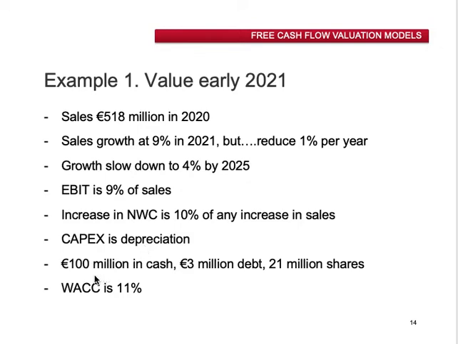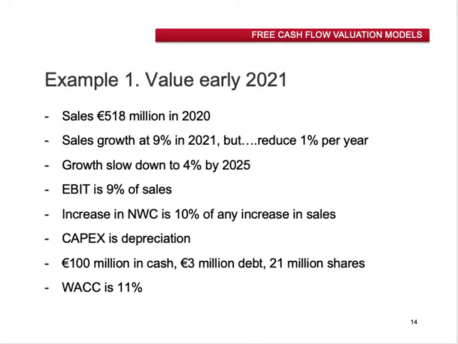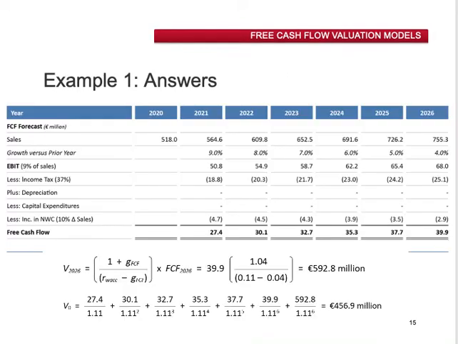If Nike has 100 million in cash, 3 million in debt, 21 million shares outstanding, and the cost of capital is 11%, what is then your estimate of the value of Nike's stock in early 2021? And the income tax is 37%. Good luck.